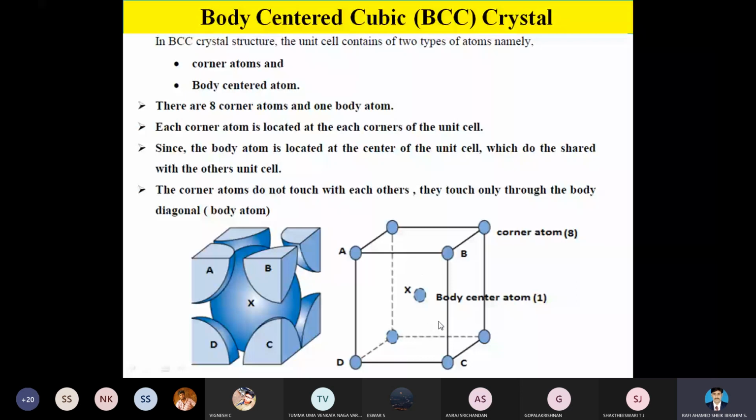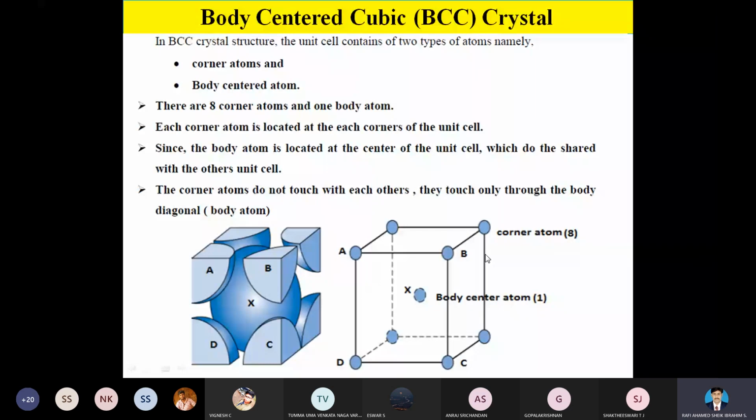We have to imagine it like this. I have taken a glass cube, just like a fish tank. Let's imagine that you have a fish tank whose shape is just like a cube. If you close the total fish tank, then we are able to see the 8 corners, and those 8 corners have 8 corner atoms.